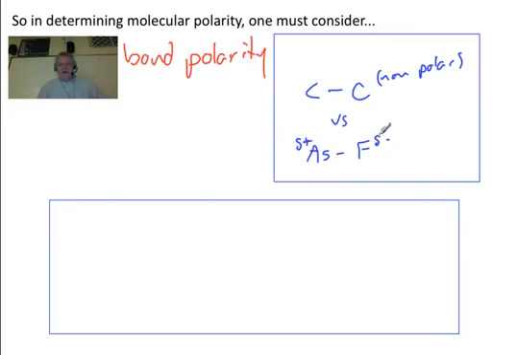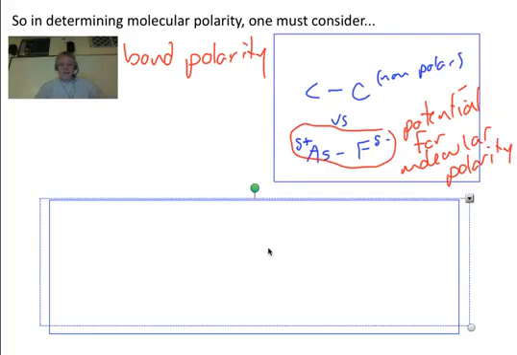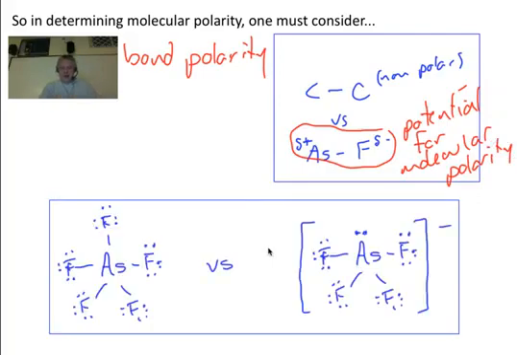But if you have a polar bond, you have the capacity or the potential for molecular polarity. You don't always get it, but you can possibly get it, which gives rise to the second thing you then need to consider, and that is geometry.